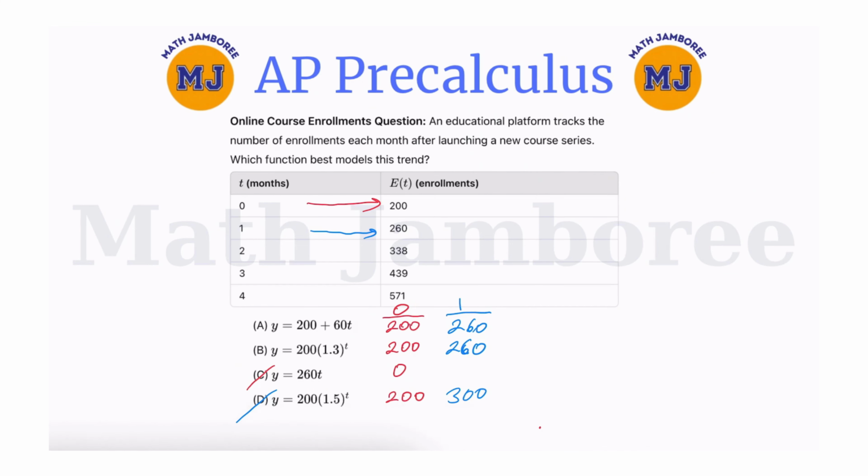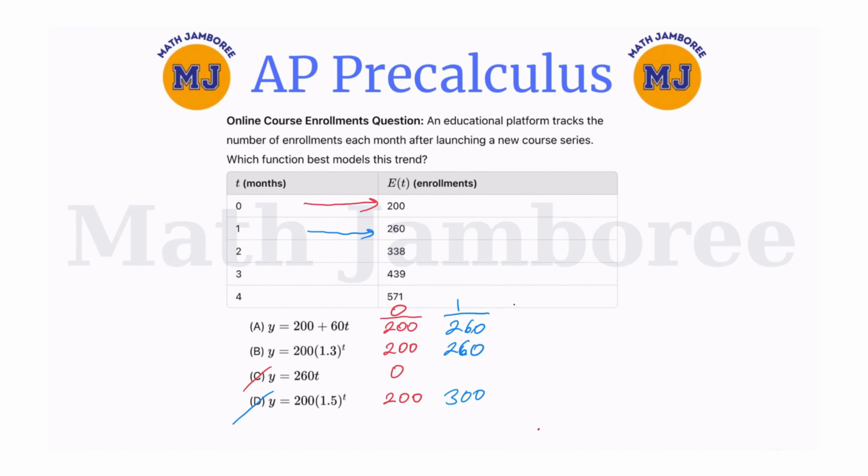So let's try another value. In this case, let's use 2, because I still have 2 choices to eliminate, A and B. When I substitute 2 for the t, I'm supposed to get 338. When I substitute 3 for t in choice A, 60 times 3 is 180, plus 200, so that's going to give you 380, not 338.